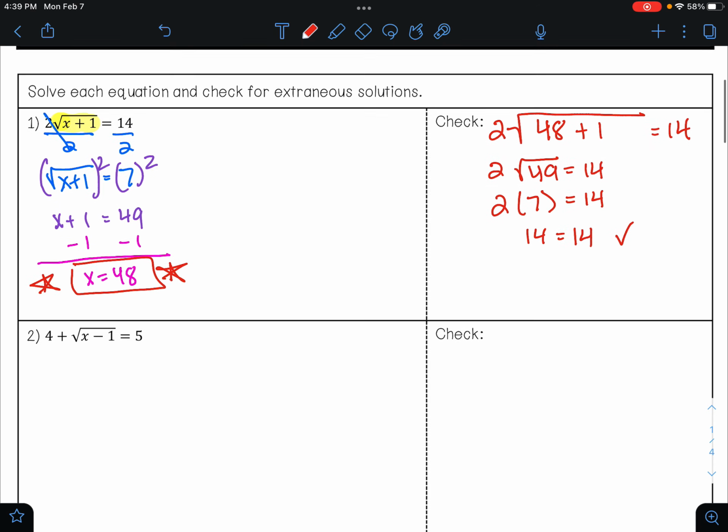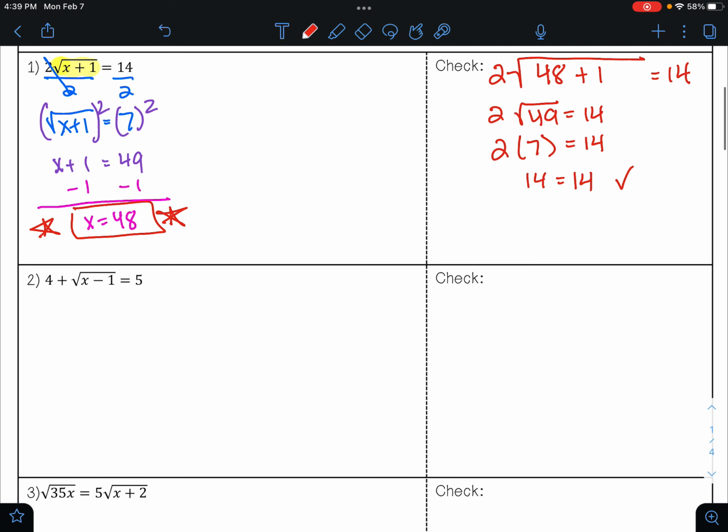Let's go ahead and try that again on example 2. The first thing that we want to do is isolate the square root. So I need to move the 4 to the other side. To undo addition, I'll do subtraction. So I'll have the square root of x minus 1 is equal to 1.